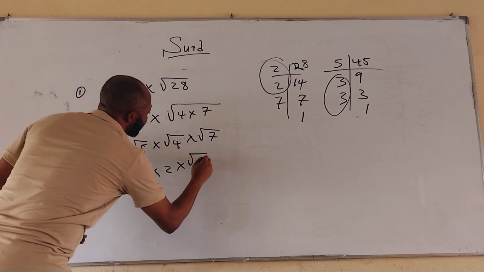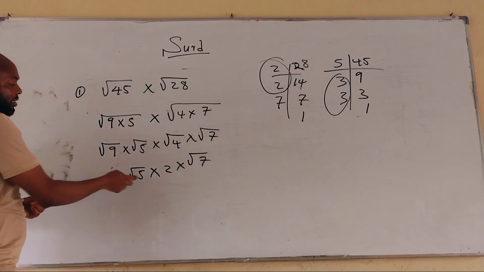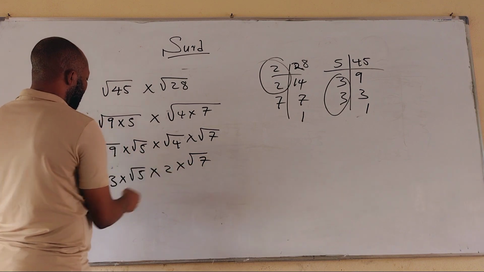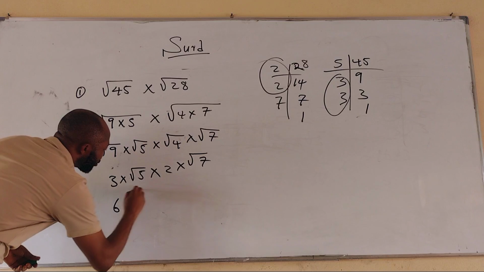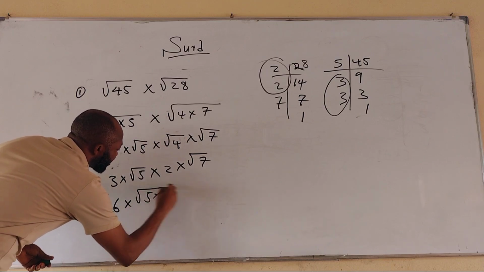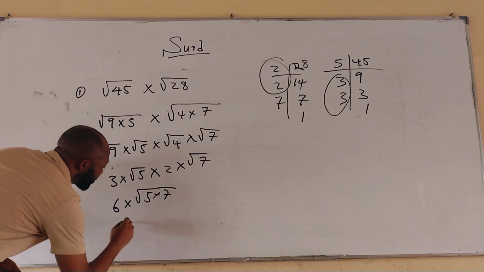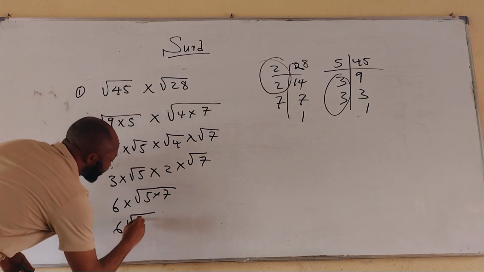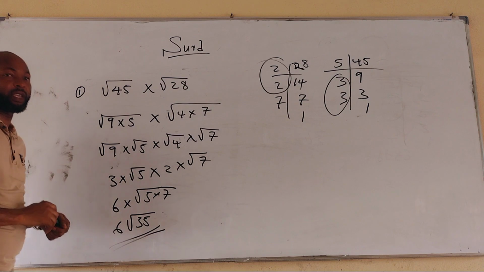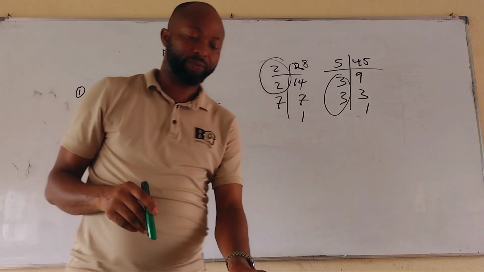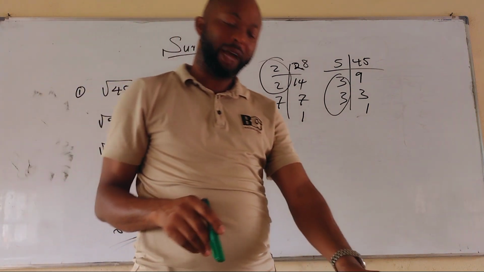Root 5 and root 7 cannot be simplified further. So 3 times 2 is 6, times root 5 times 7, which is 6 root 35. I cannot break 35 further, so that becomes my answer.